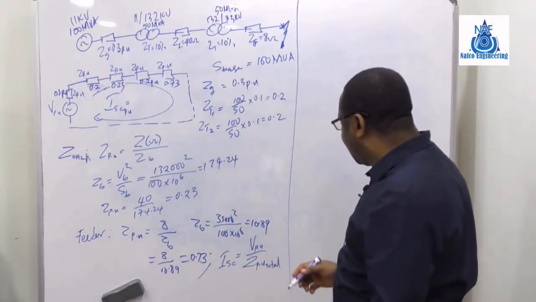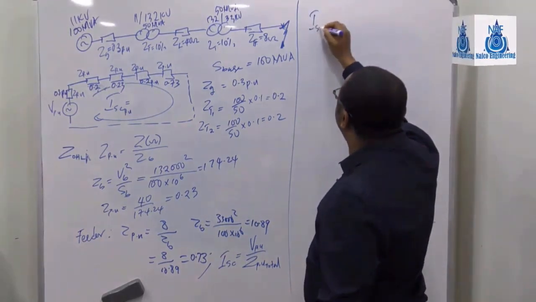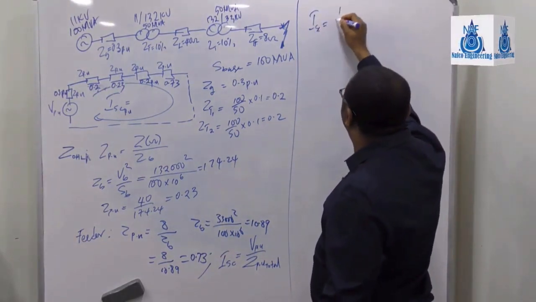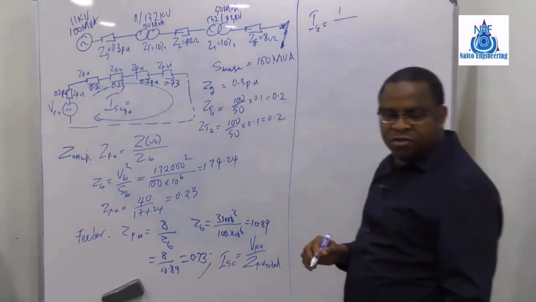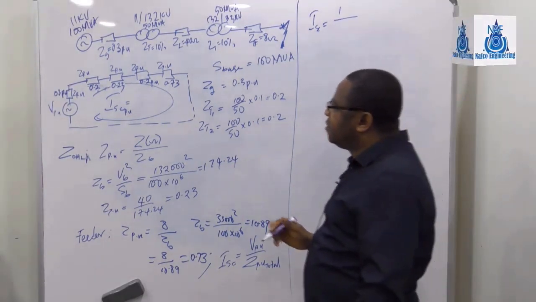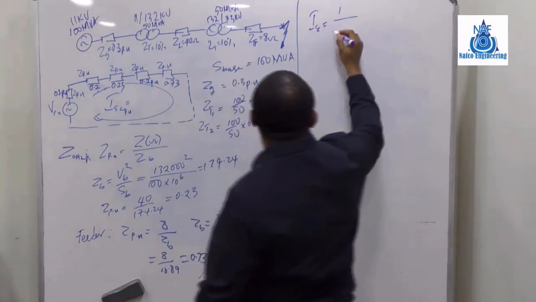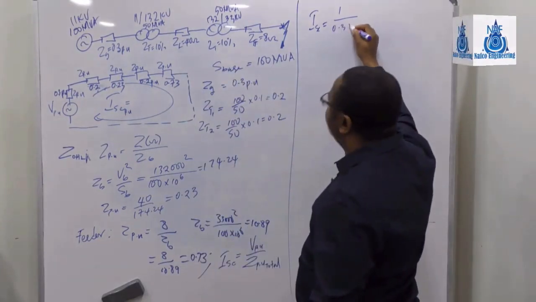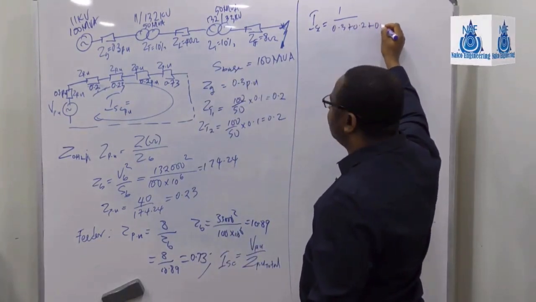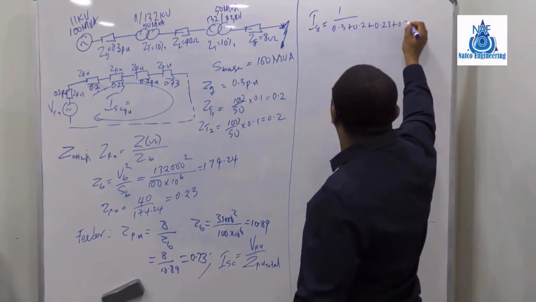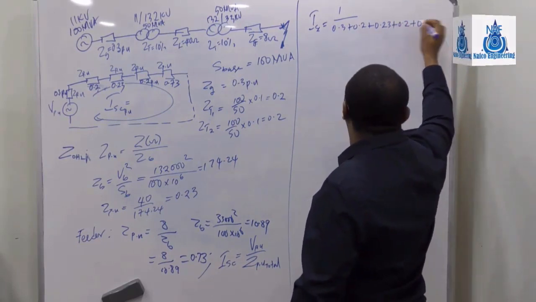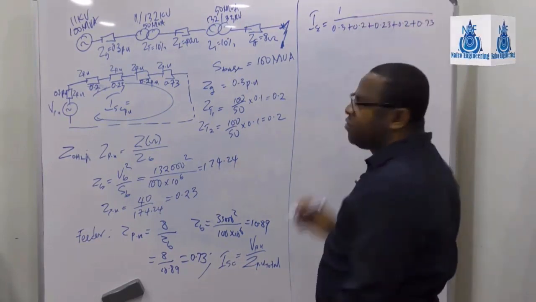So I'm going to say 11 over 11, which is 1. All right, so let's do this here. I short circuit will now be 1 over the total impedance. Total impedance is this plus that plus that plus that plus that. 0.3 plus 0.2 plus 0.23 plus 0.2 plus 0.73.